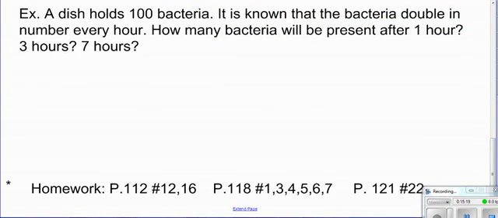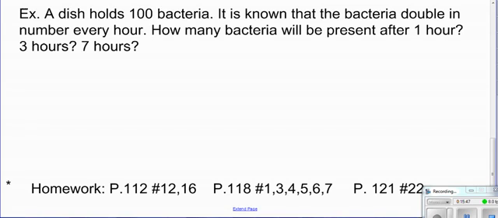Okay, the last type of question we have is an exponential growth type of question. So bacteria grow exponentially. Unlike when you were made and you needed your mommy and your daddy and a whole lot of love in the room and a little bit of God, bacteria just need themselves. Bacteria like to reproduce by splitting.